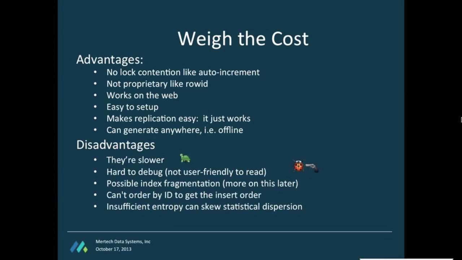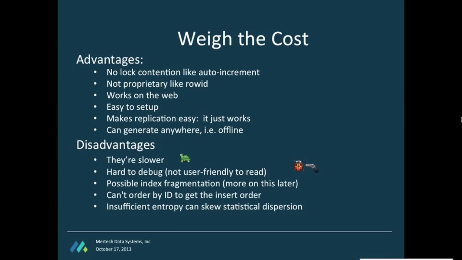Now, there are some things to consider when you're dealing with these, and you really need to decide whether UUIDs are right for your application. Some of the advantages that people really like are, first off, no lock contention like auto-increments.